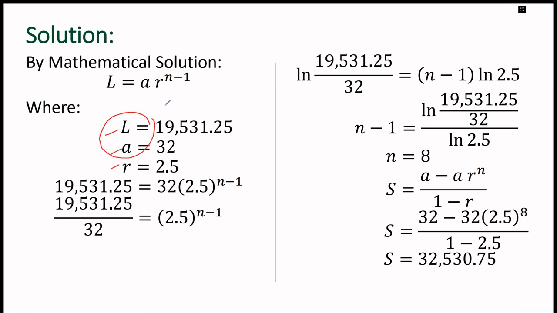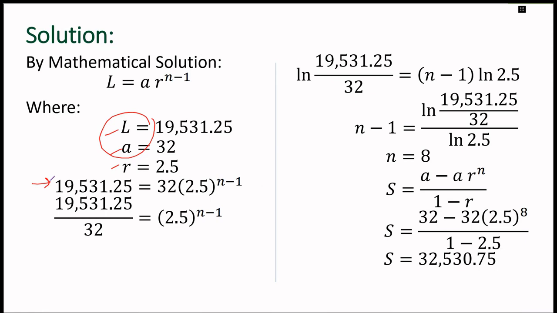So with that said, we will have this line here. 19,531 is equal to 32 times 2.5 to the power of n minus 1.